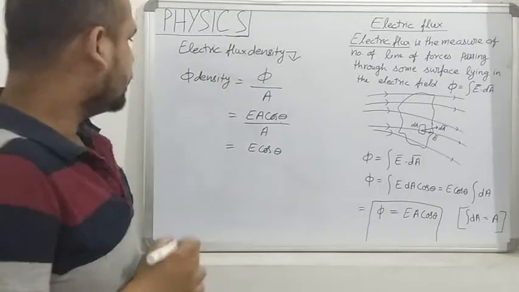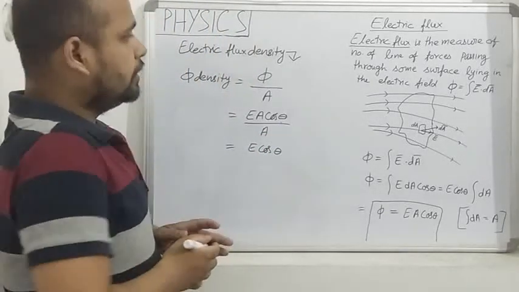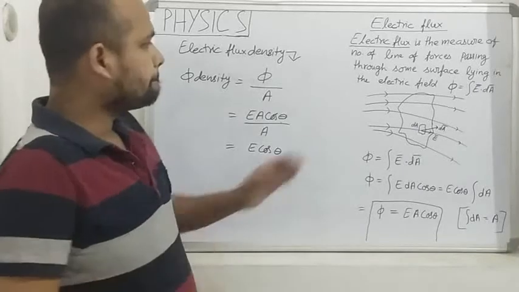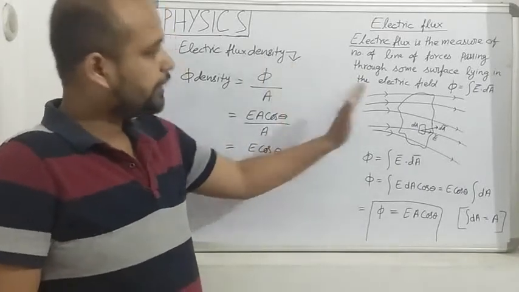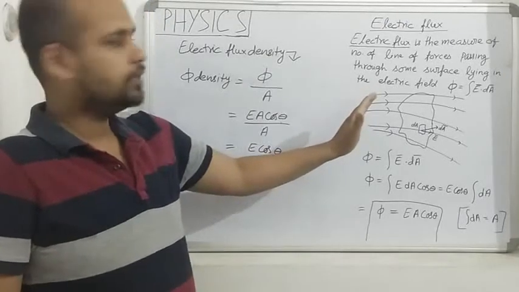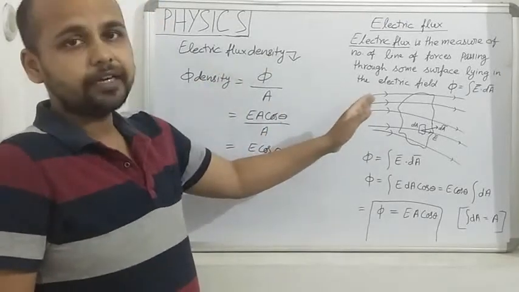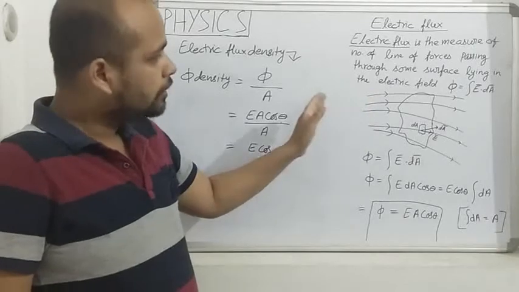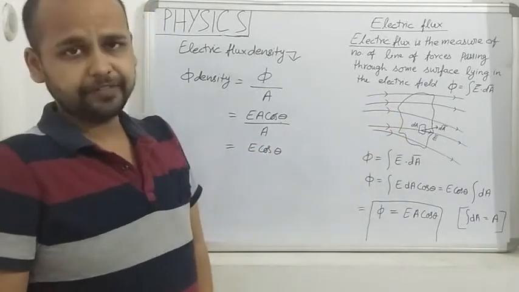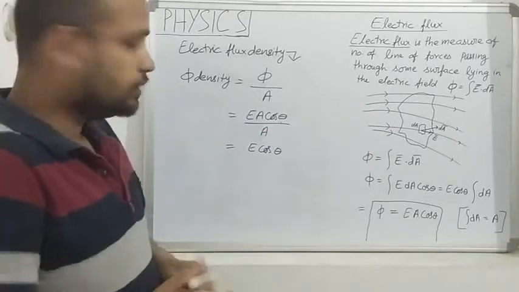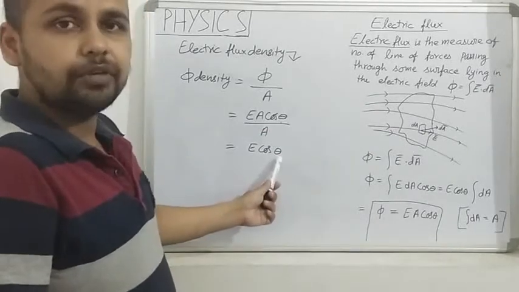Okay. Now, if the plane of the surface is perpendicular to the electric field, means all the line of forces are perpendicular to the plane of the surface, then what will happen? Then cos theta will be equal to 1.